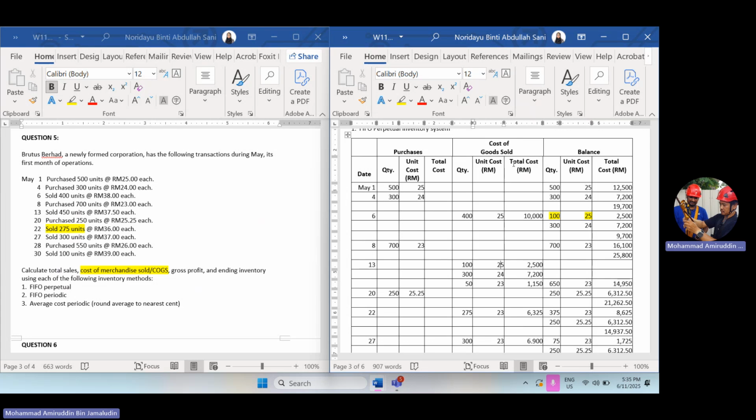I need to know my cost first. Then only I can talk about my profit. I'm not writing this 37.50 here. Inside here, no, cannot. It's wrong, because we measure costs only. We don't touch this stock card. It's a stock card.